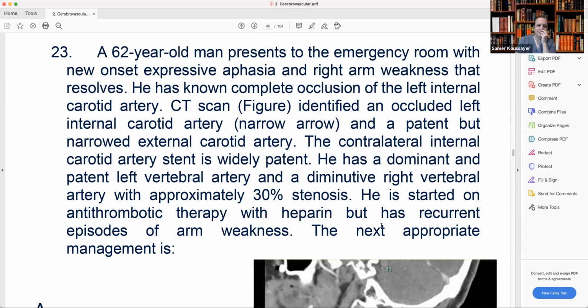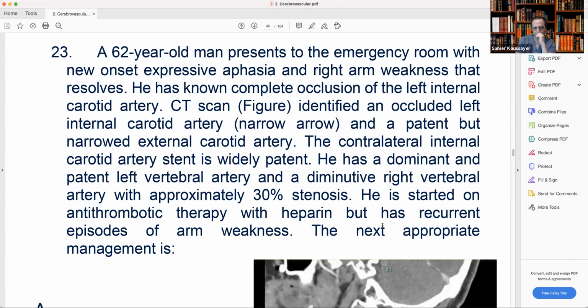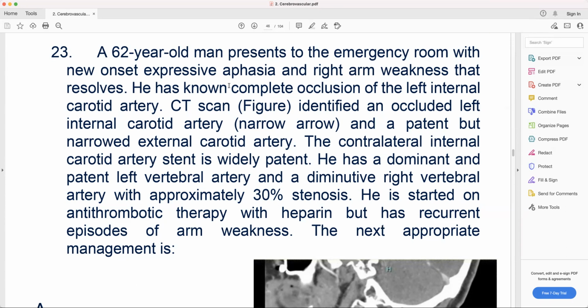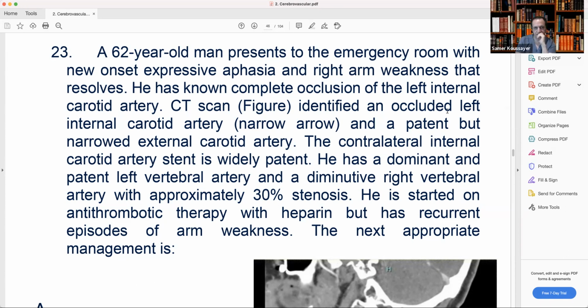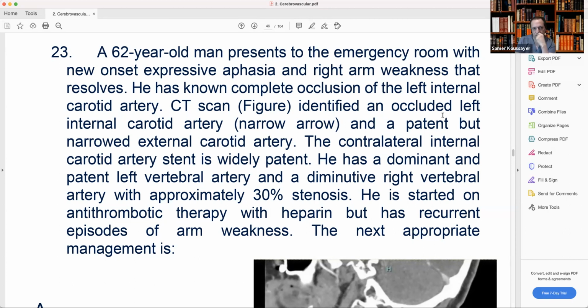Okay, before we go, let's see what he has. He has an occlusion of the left ICA, correct? Yes, complete occlusion. But he's still coming with a TIA of the right arm. They look at the other internal carotid, it looks fine. It has a stent and it's widely patent, right?